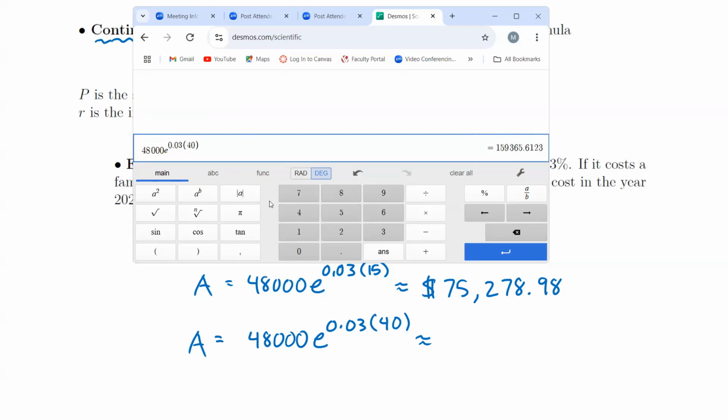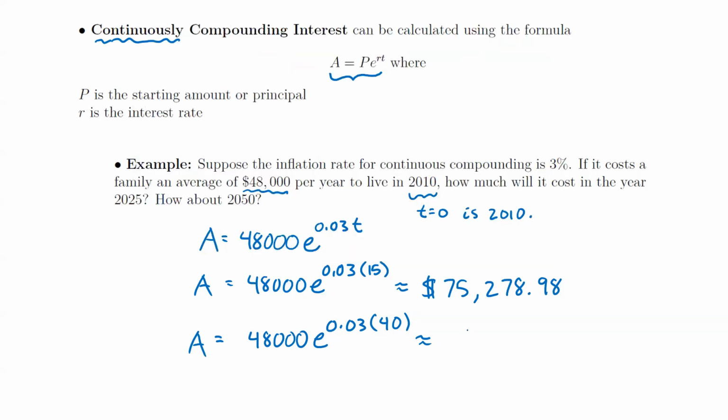What I would just say here is that if you are doing this in a handheld calculator, then depending upon how easy it is to type in everything at once, you might want to do the 0.03 times 40 first, then take e raised to that number, and then multiply by 48,000. But as you can see, we get a pretty big number here.